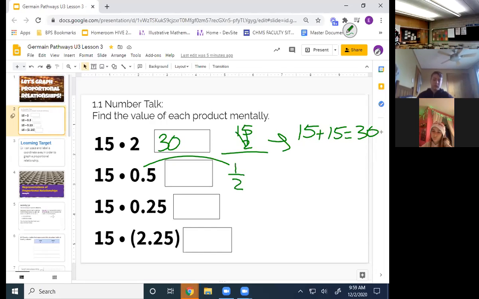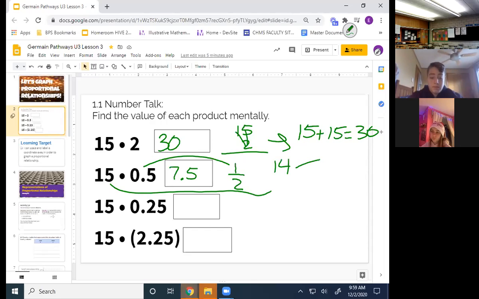Half of 15 is 7.5. If we think about it, 15 is close to 14, right? Half of 14 is 7. And then 14 plus 1 more gets me that 15. Half of that is 0.5. So 7 plus 0.5 is 7.5.